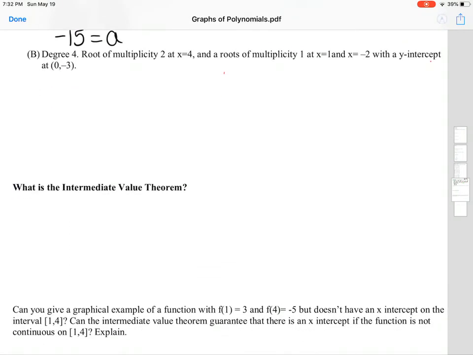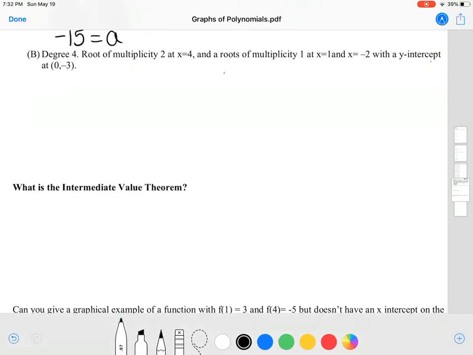Okay, in the second example, it says we have a root of multiplicity 2 at x equals 4. So I have x minus 4 as a factor, so I can plug in 4 and get out 0. And it has a multiplicity of 2, so I'm going to put 2 as my exponent for that factor. And then I have two other x-intercepts, both with multiplicity 1.